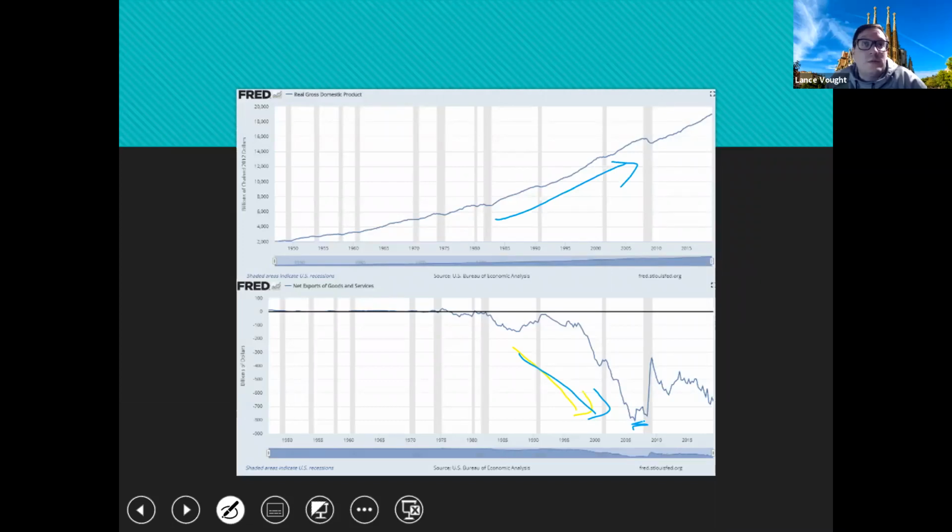And people were upset over the fact that, hey, if we just made that stuff here, then we would have more economic productivity, more jobs, and GDP would be higher. But again, a lot of this parallels with the concept of comparative advantage. You're noticing that we are becoming a huge net importer at the same time we are getting much, much wealthier in terms of an economy.